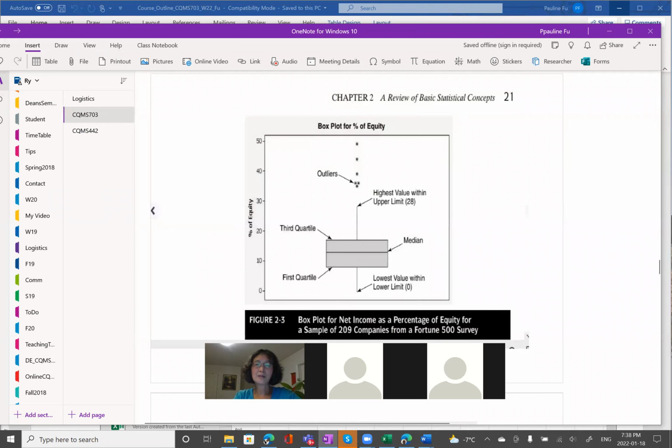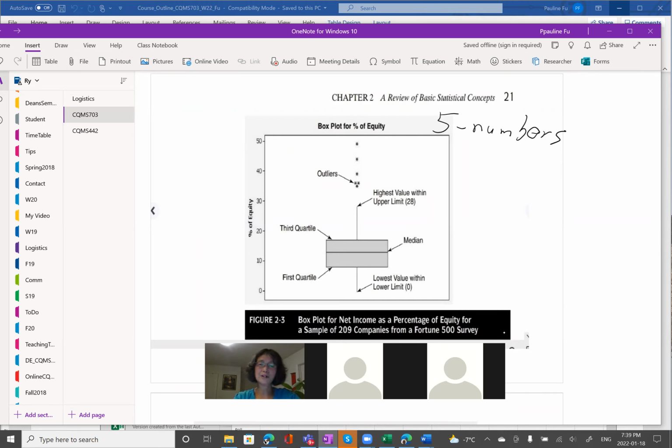And this box plot presents the 5 number summary. There are 5 important numbers to describe a data set.